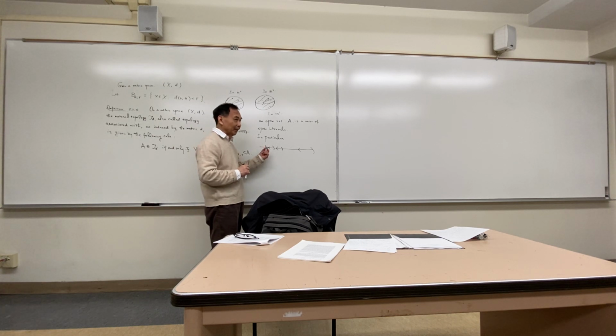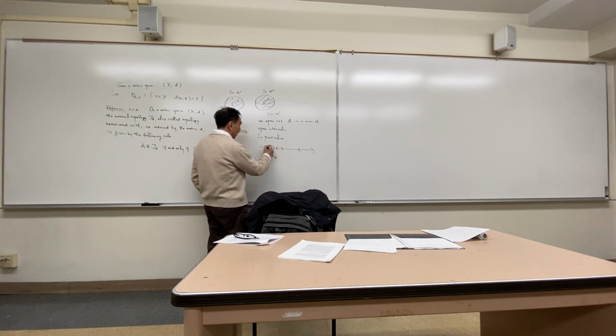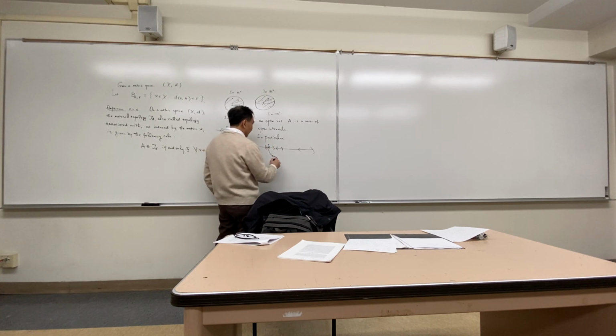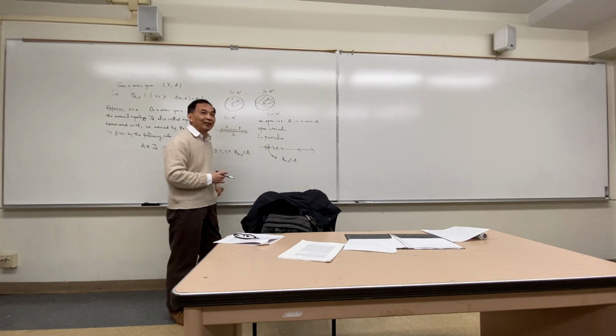So this is the ball centered at any given x here. You have an r, the radius of the ball. So here B(x, r), radius r, is contained in A. Okay, and we call it open.